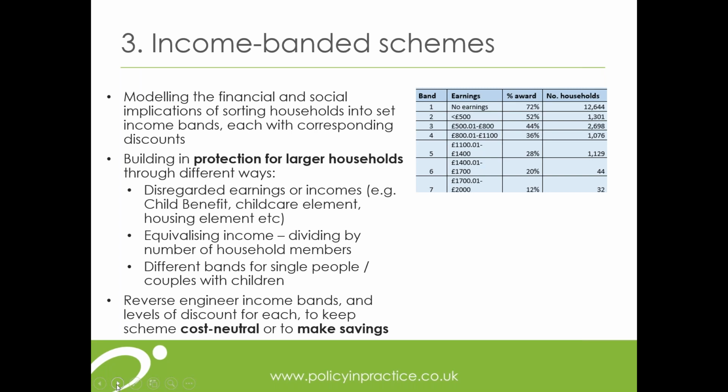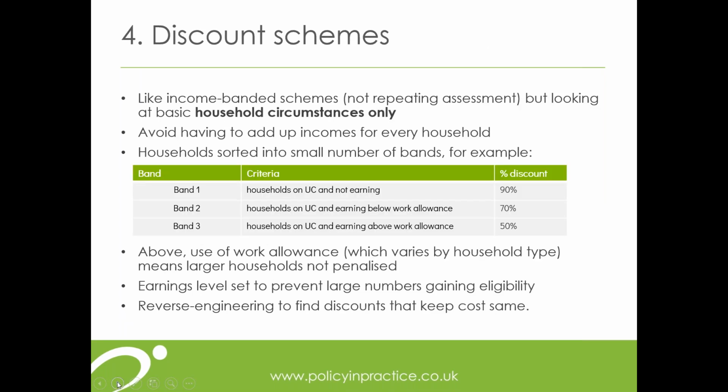Again, just ensuring that it's meeting the objectives of our clients. And as Allan had discussed, we reverse engineer the income bands according to whether or not the scheme needs to be cost neutral or to make savings against the current uprated scheme. So if we can move forward again, Janet.